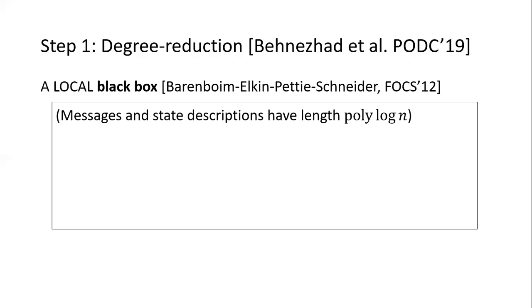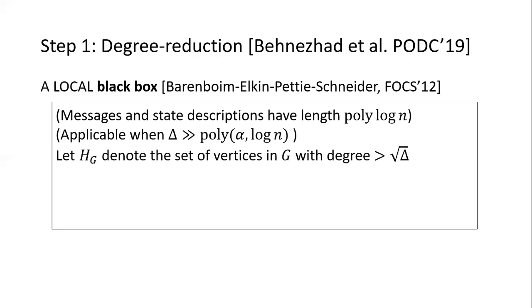And this algorithm achieves the following. Assuming currently the maximum degree delta is much bigger than poly alpha, then let H be the set of high degree vertices in the input graph. By high degree, we mean bigger than square root of the maximum degree.